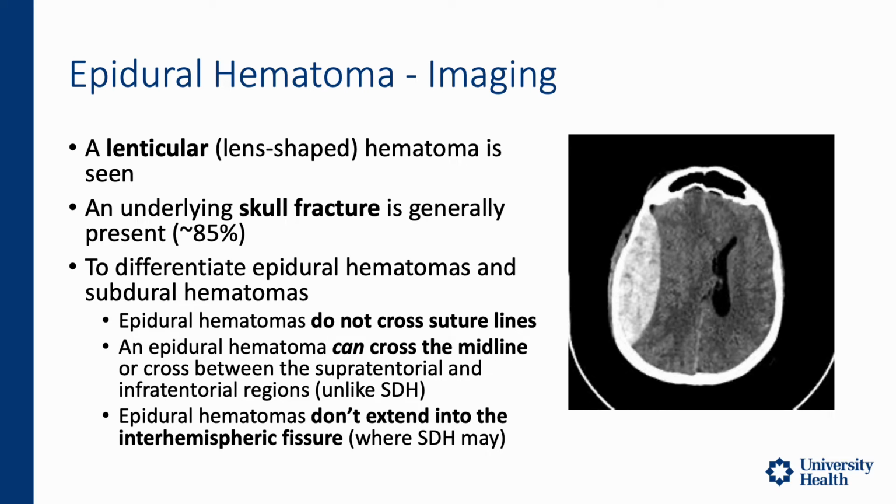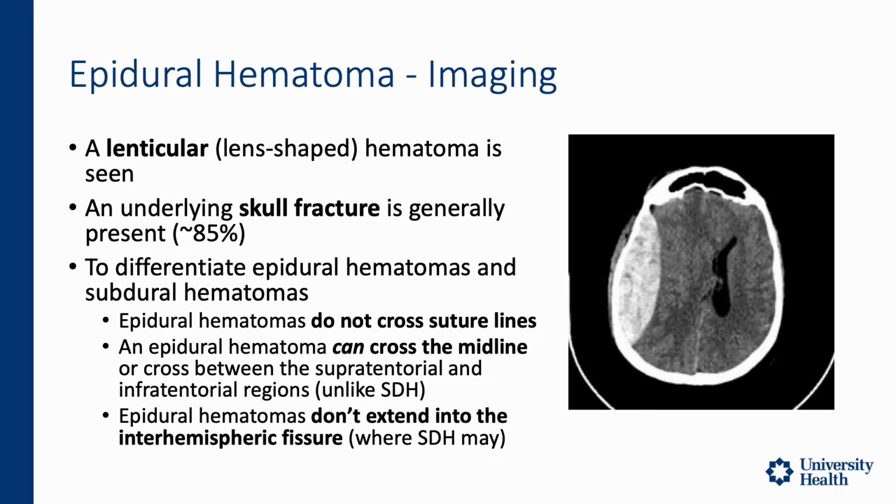Also, I've noticed a lot of students, including some residents, have difficulty differentiating an epidural hematoma from a subdural hematoma. Epidural hematomas do not cross suture lines, whereas subdural hematomas can. The reason is that epidural hematomas are located above the dura mater, and the dura is tacked on very tightly to the skull at these lines.